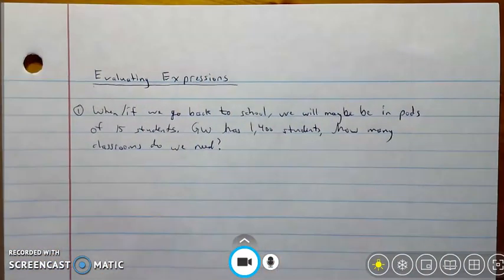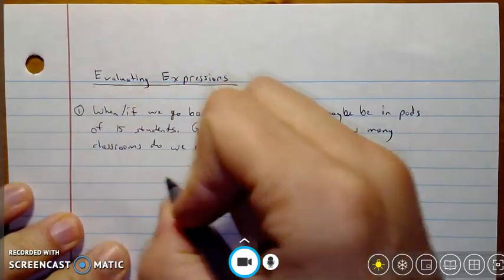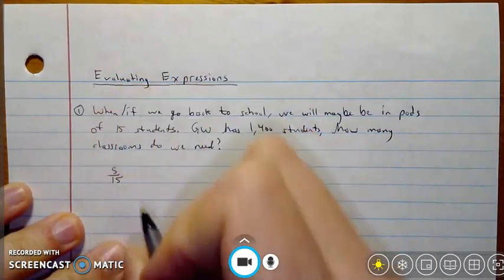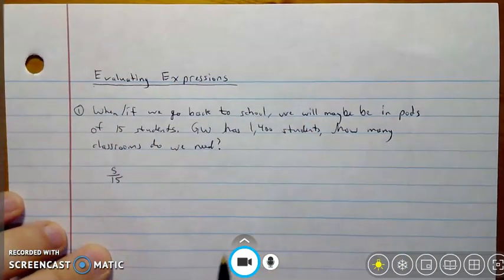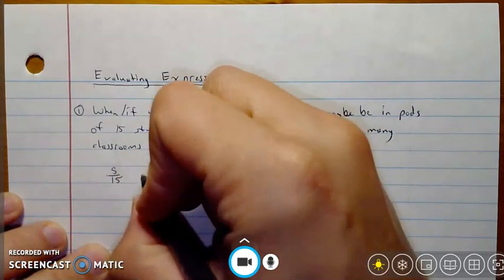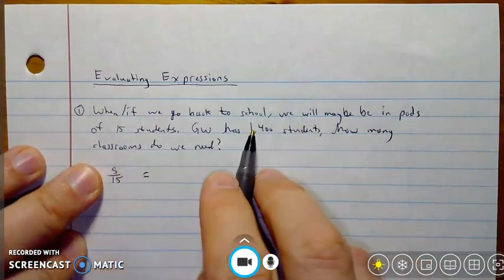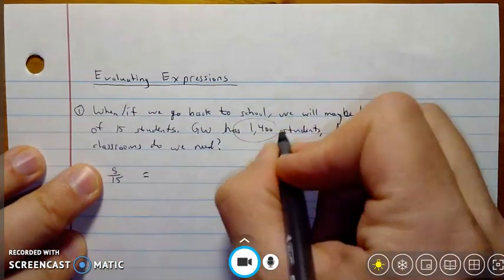Now, in all these situations, they are going to give us an expression. So in this case, the expression is S divided by 15, and S represents students. So all we need to do is say, okay, so instead of students, we know there's 1,400 students.